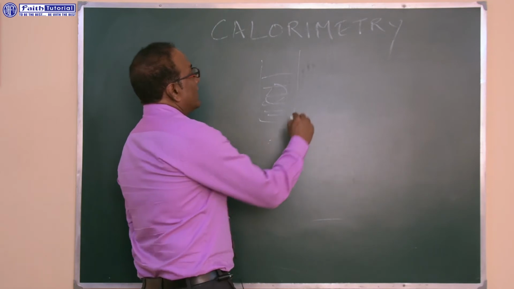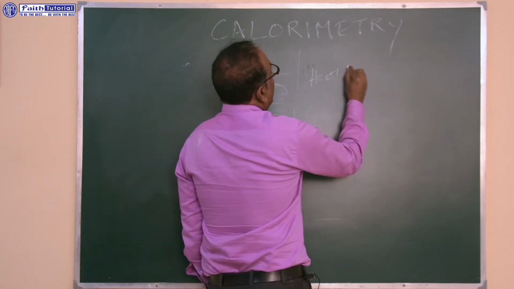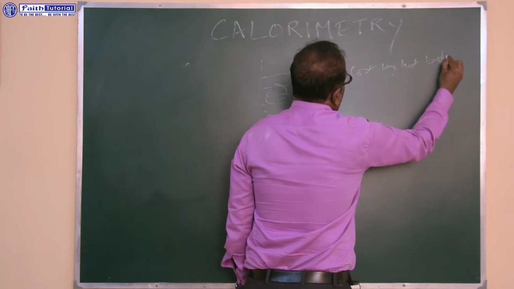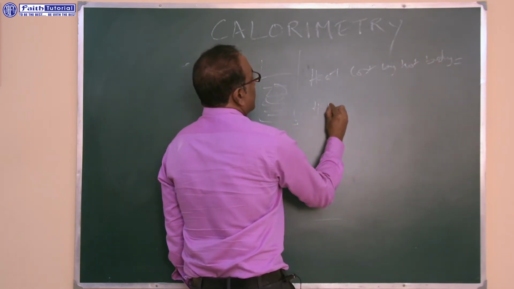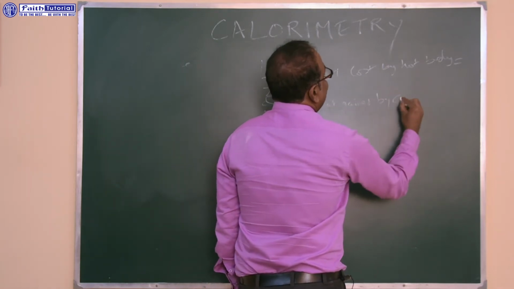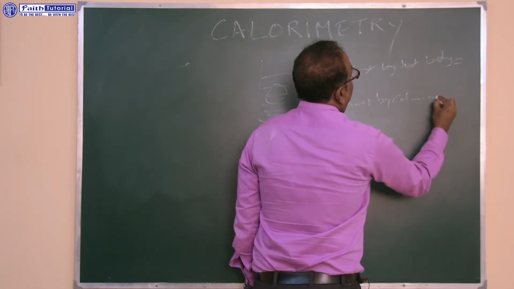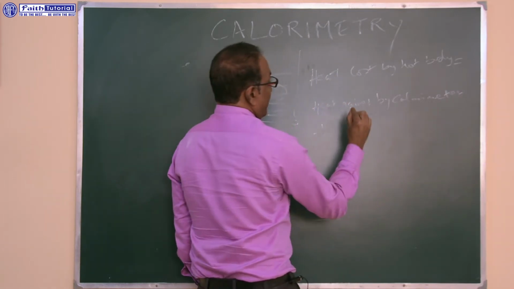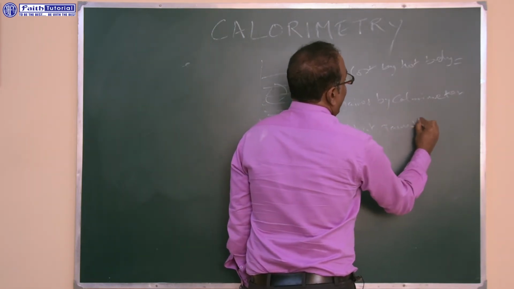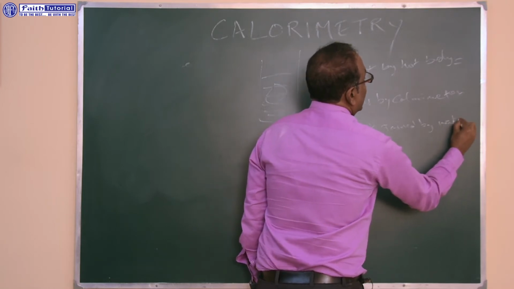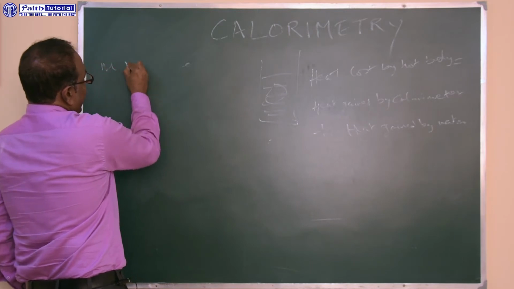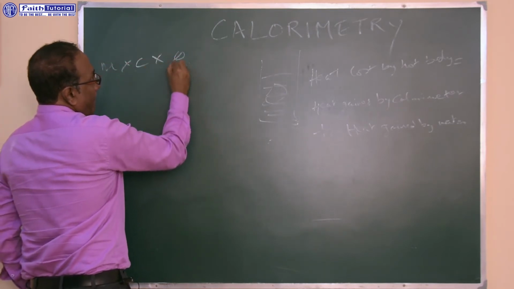In this case, heat lost by hot body equals heat gained by calorimeter plus heat gained by water.